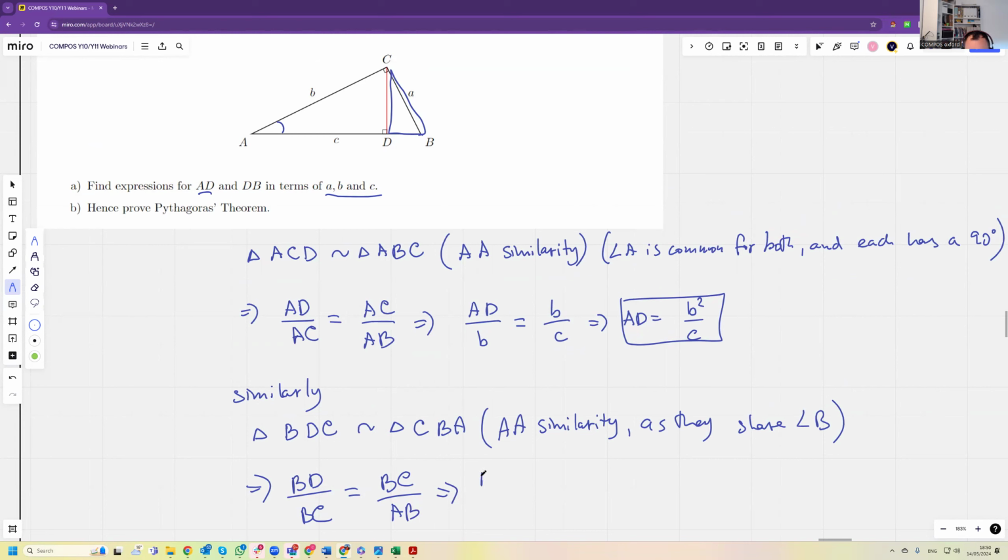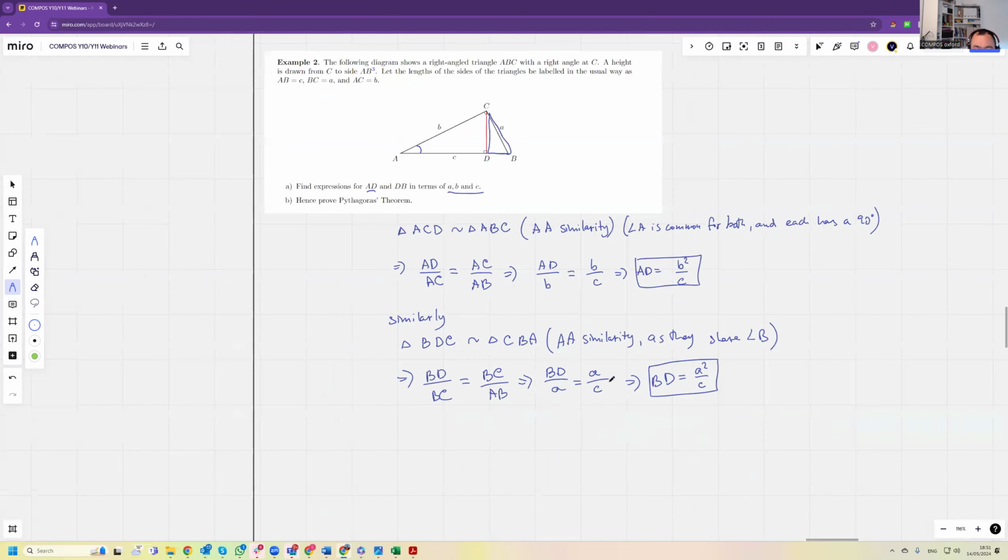Therefore, BD over BC, BC is a, is equal to BC, which is a, divided by AB, which is c. So from here, I can express that BD is equal to a squared over c.